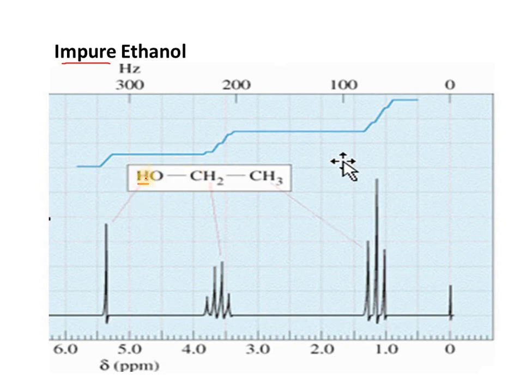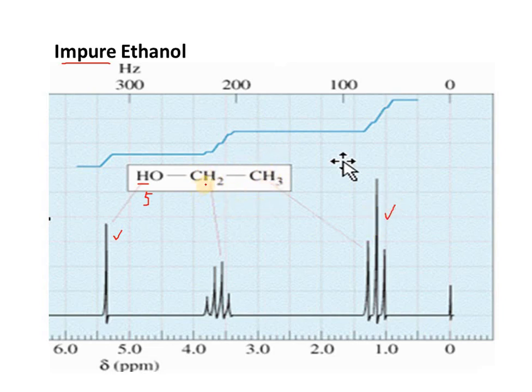So this proton shows its independent signal, that is a single peak, a singlet, due to its own signal. Now these protons will again show a triplet due to the neighboring two protons, 2 plus 1 is 3, that is, a triplet.